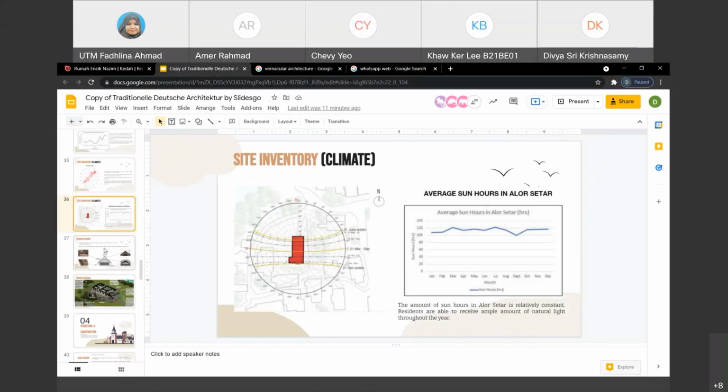So I'm not sure whether this can be valid, because the construction of the house is not based on this climate. Do you understand? Understood. So there are things that you can just ignore. Okay. So let's continue.